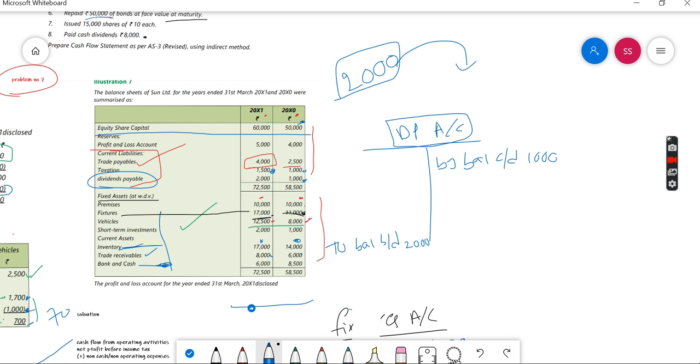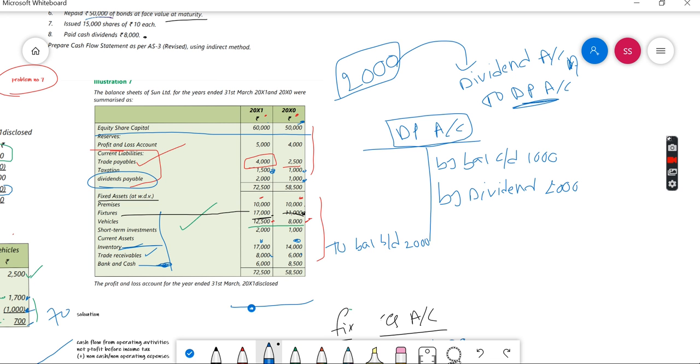Liability shows credit balance, and if you are increasing it more, that means you need to credit again. So debit dividend account, credit dividend payable account, right? So by dividend, this is the dividend you declared during the year. By dividend 2000.